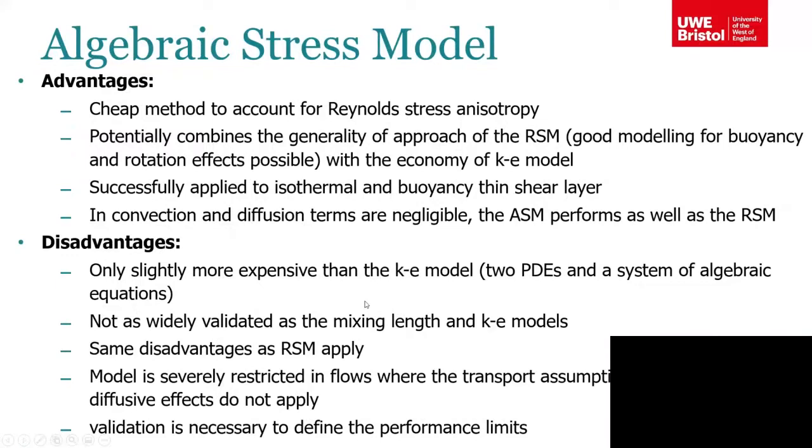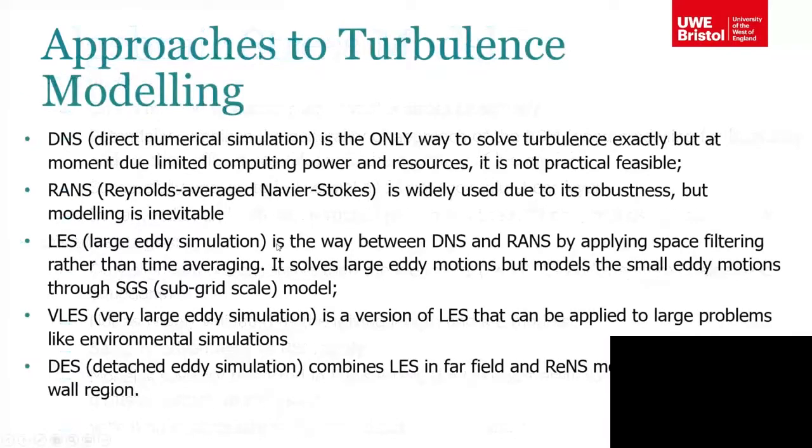Algebraic stress is very cheap and only slightly more expensive than K epsilon. So we don't use this much when you have K epsilon.